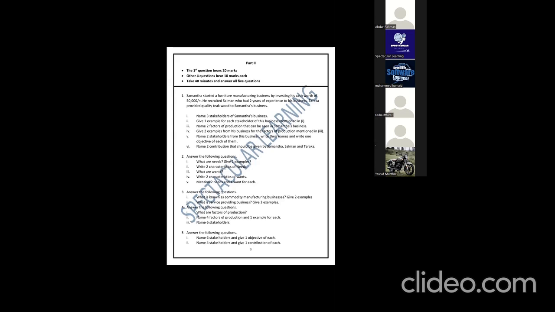Okay. So yeah, name 2 contributions that should be given by Samantha, Salman, and Taraka. Now, Samantha is the owner. Can somebody unmute and tell me one contribution given by him to the business?